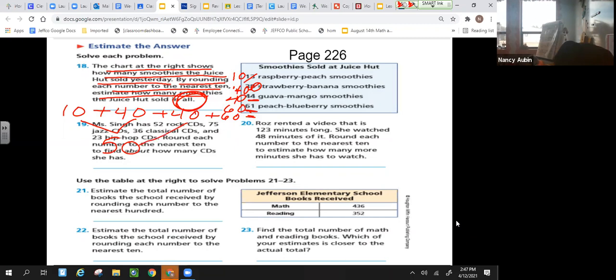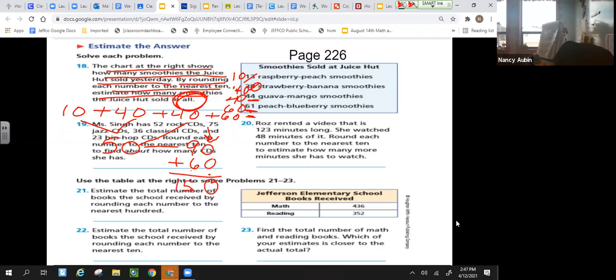Added the 50 plus the 40, and he got 90, okay? All right, so now we've got to add it up. What's 0 plus 0? What's 9 plus 6?